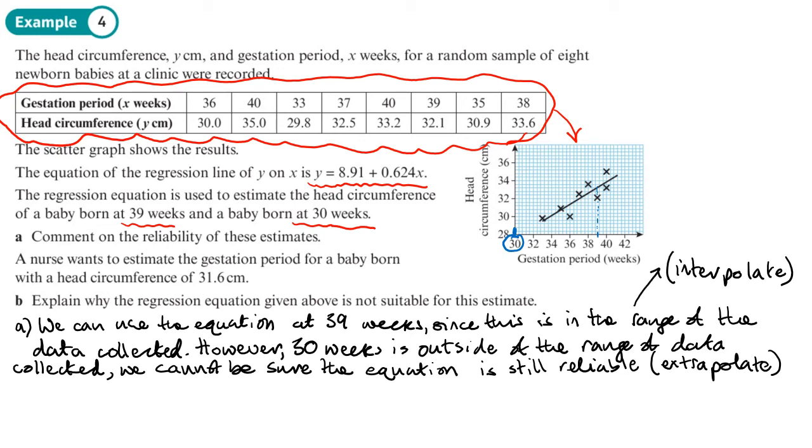Okay, well, the equation is where you put the gestation period in to get the head circumference. Doesn't necessarily mean you can use the equation backwards and use the head circumference to work out the gestation period. This is the equation of the regression line y on x.